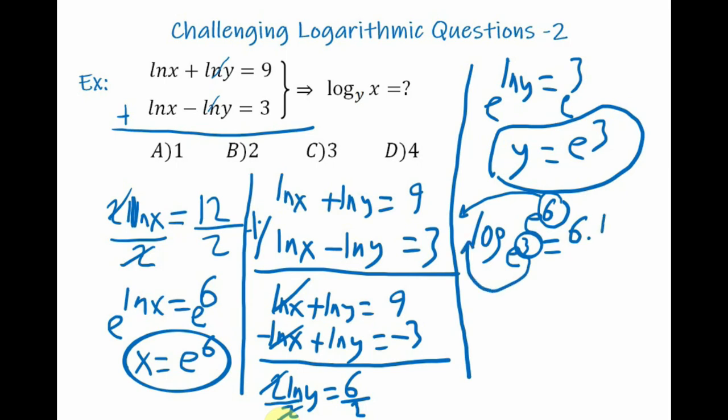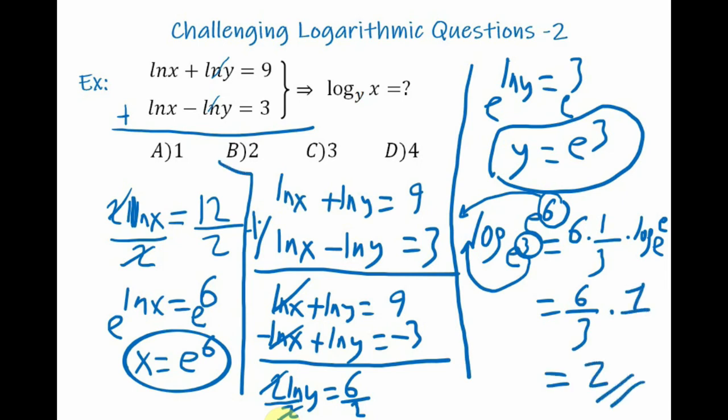So 6 divided by 3 times logarithm of e in base e, in other words ln e, which is 1. And the result is going to be 2, guys, which gives us the answer as b.